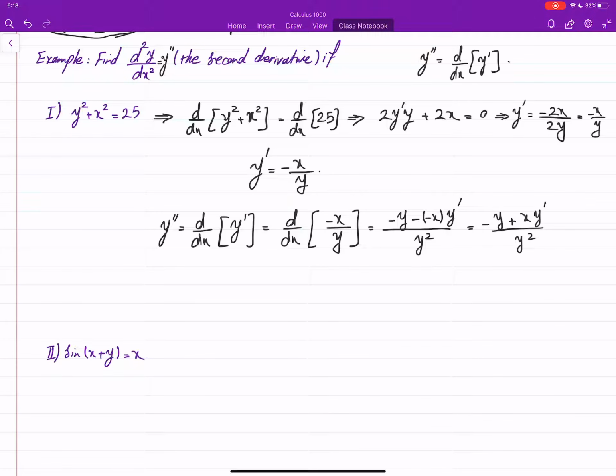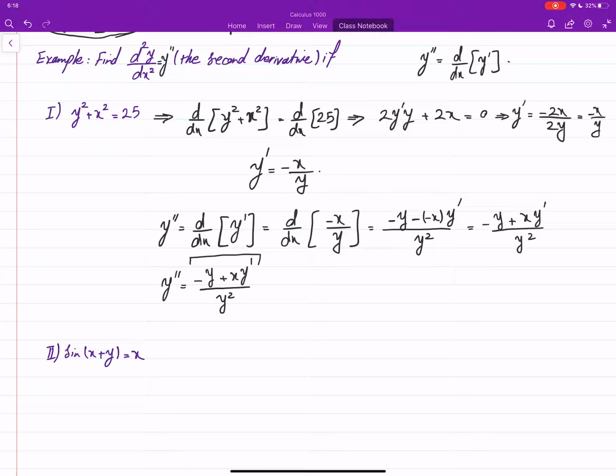You will say, okay, we found y double prime. This is minus y plus x y prime over y squared. But you're not supposed to have y prime in the formula for y double prime. You can have x and y since the function is given implicitly, but you cannot have y prime.